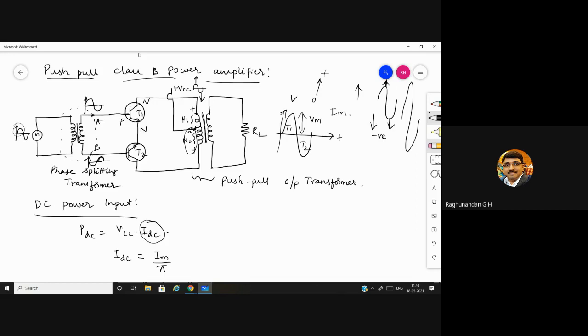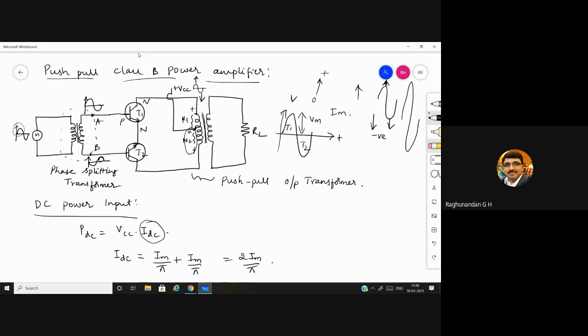But this Im by pi is only for one transistor. How many transistors do we have? Two, sir. So it will be Im by pi again, so totally 2 Im by pi. This is your IDC. The average current in each transistor is given by 2 Im by pi.